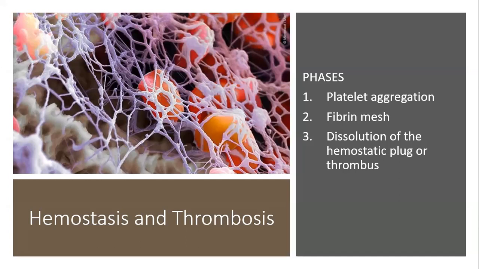You also have the formation of fibrin mesh to stabilize this platelet aggregation or initial hemostatic plug. And once the body is done repairing this damaged vessel, there would be dissolution of the hemostatic plug or thrombus.